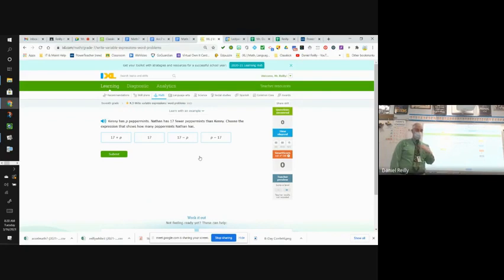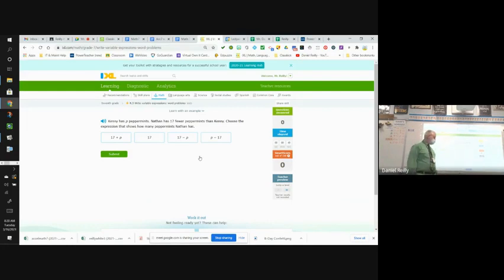Kenny has P peppermints. We don't know how many he has. The letter P represents the number of peppermints that he has. Nathan has 17 fewer peppermints than Kenny. So Nathan's peppermints are less than Kenny's. Choose the expression that shows how many peppermints Nathan has.